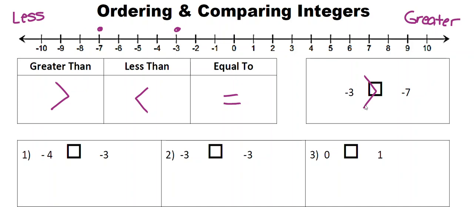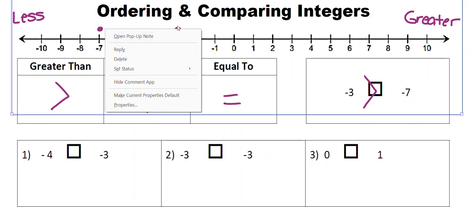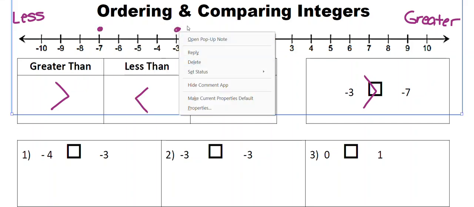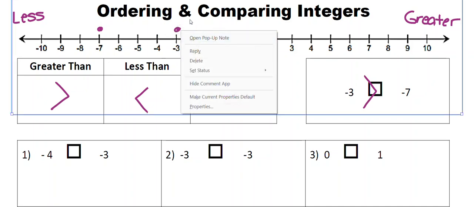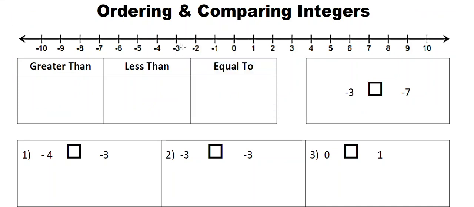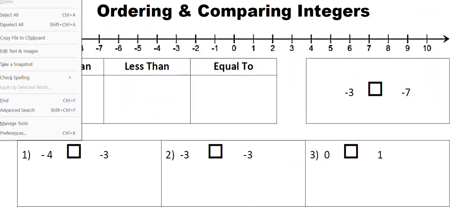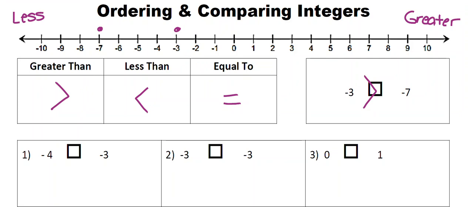If you look at number 1, and you can use the number line for help, I can say that negative 4 would be here.